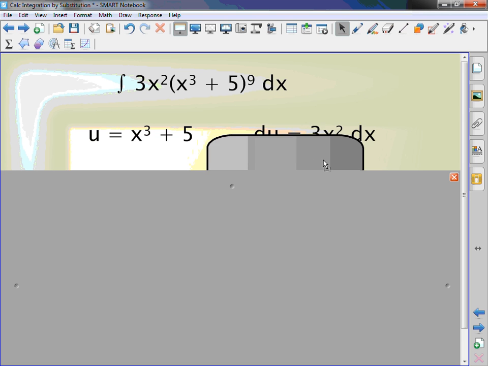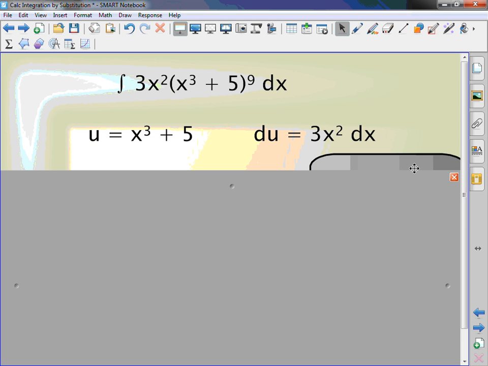So if I take the derivative of that, du is 3x squared dx. So I'm going to replace this with u. So this right here becomes a u. I'm going to replace this with du.